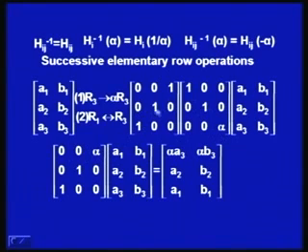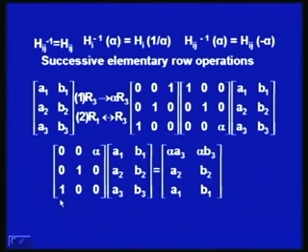Similarly, one can multiply the second row by this, and we will have 0; this multiplied by this is 1 because of this product, and this multiplied by this is again 0. This row multiplied by this row is 1, 1 multiplied by 1, and 0 multiplied by 0, 0 multiplied by 0.